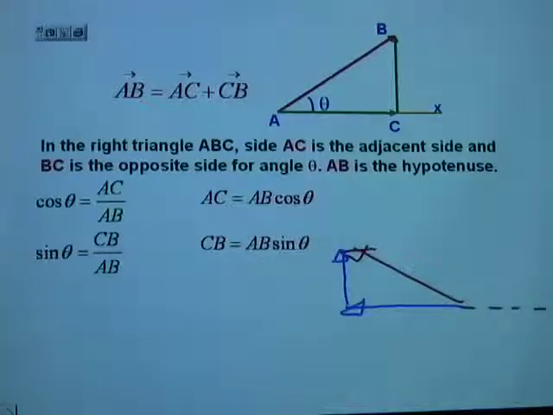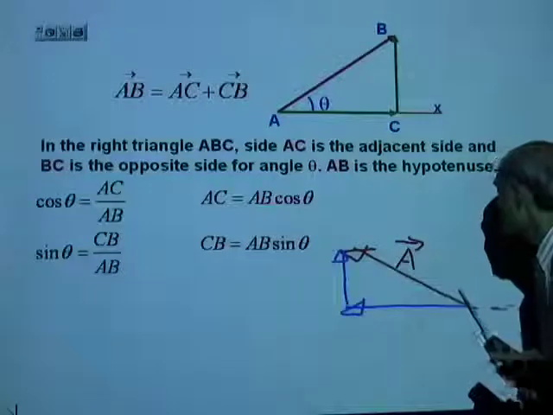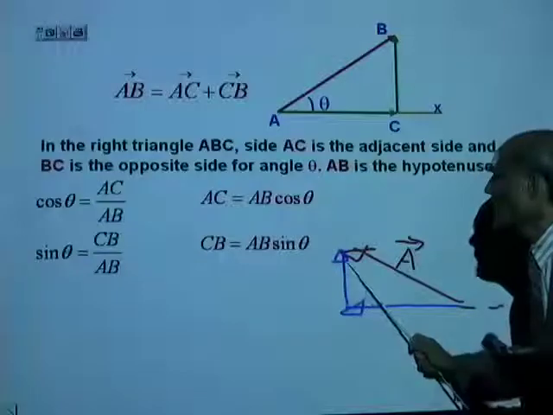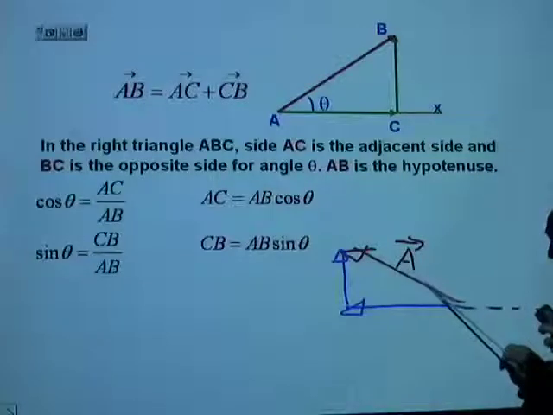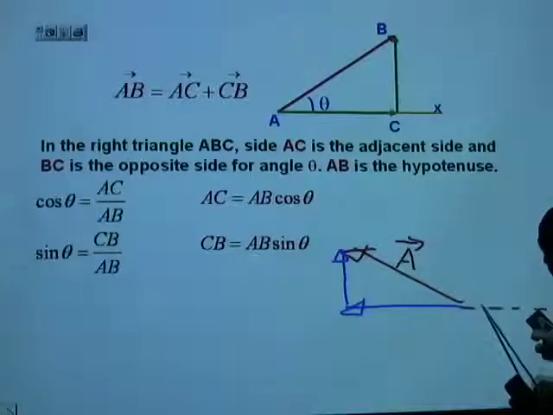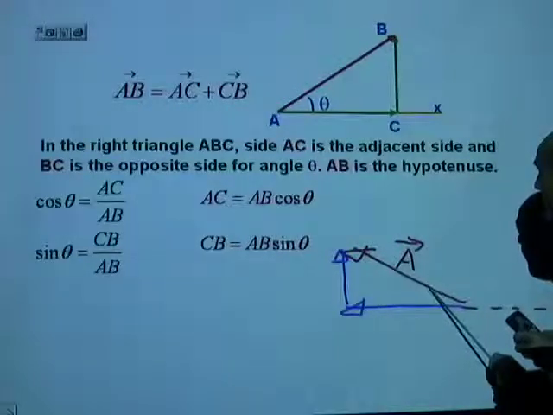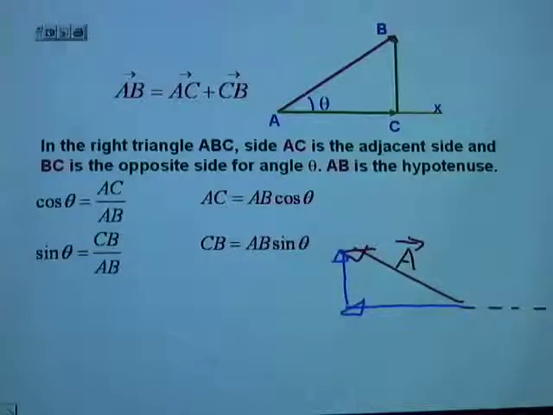I'm going to call that vector A. This vector A has this x component and this y component. Now, what is the direction of this vector? The direction of this vector is specified by the angle the vector makes with the x-axis. That angle is this angle, and that is the angle theta.